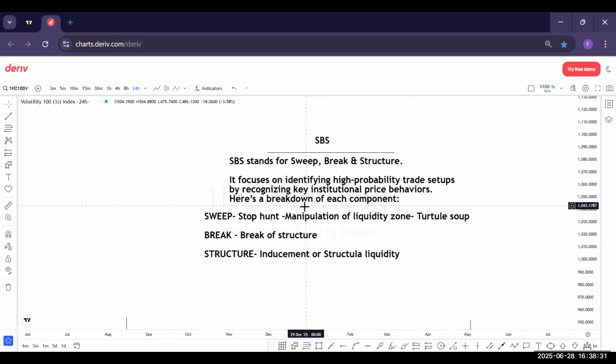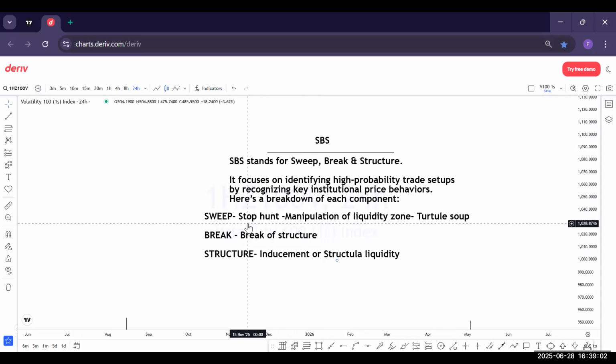It's a trap that moves often, and when you're thinking of buying, you enter a buy order and price takes you out and starts going in another direction. Most of these sweeps occur when we have equal highs, equal lows, trend line liquidity, and like I said, the stop hunt area, which is the buy side liquidity.